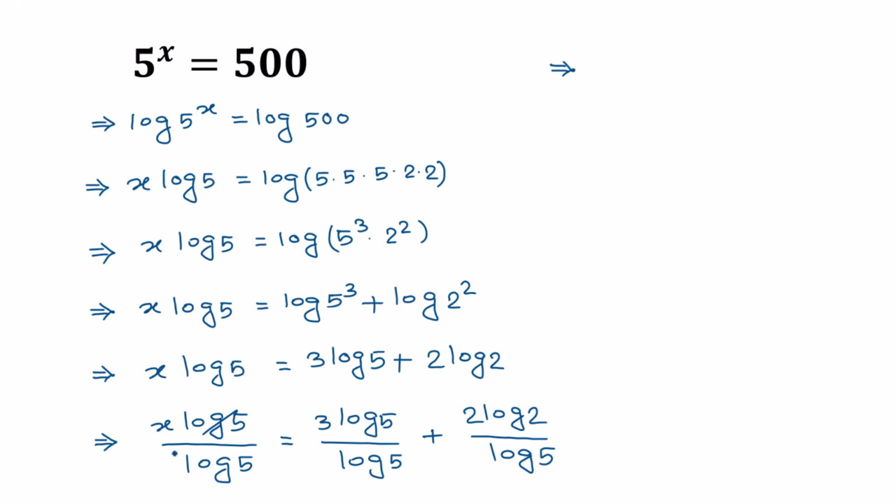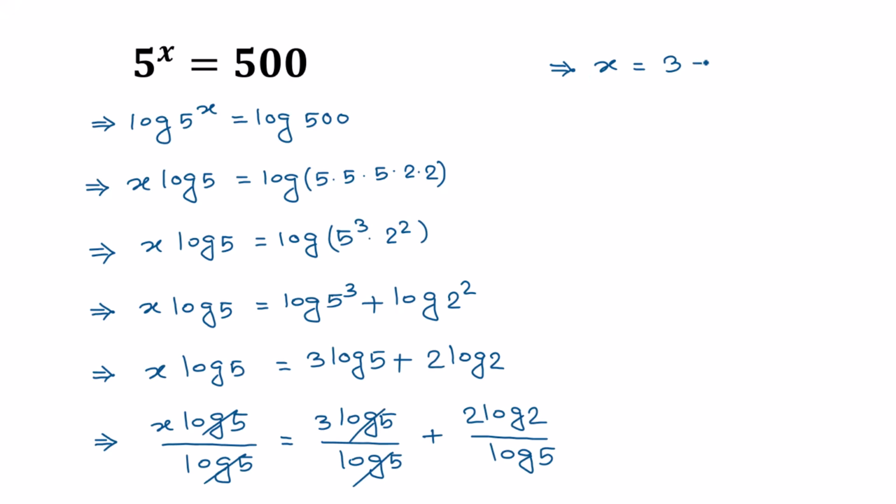This log of 5 and this log of 5 will cancel out and it will be x.